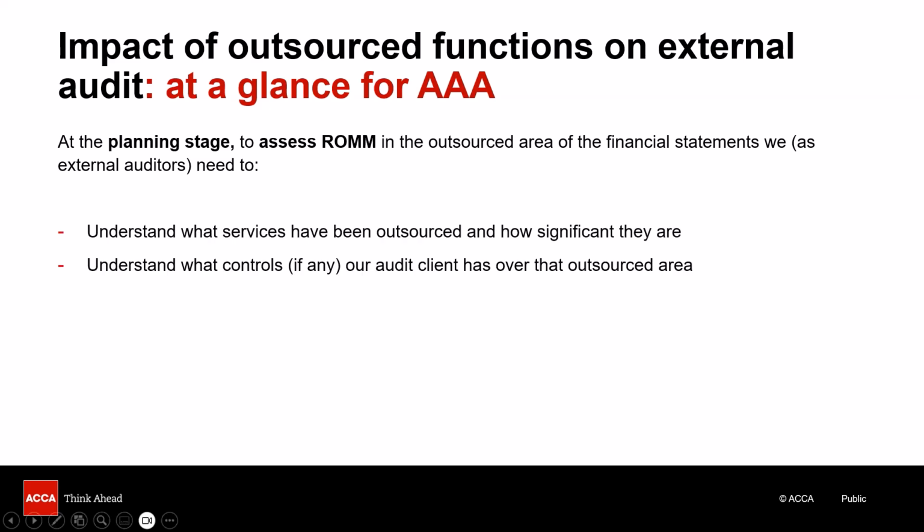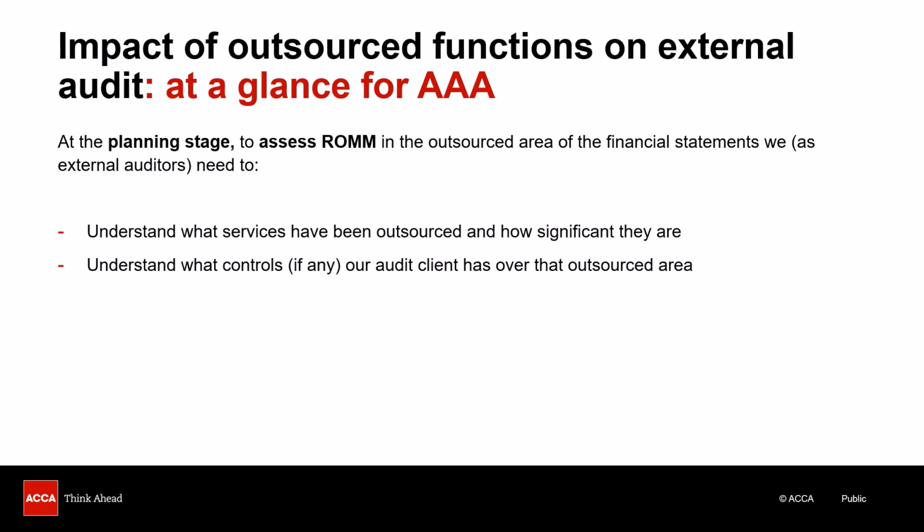So all we have to do, and this is the simplest version you can understand and apply to exam questions, all we have to do is understand exactly what services have been outsourced and how significant they are. Understand what controls our audit client has over the outsourced area. So payroll is being processed by the service organization.